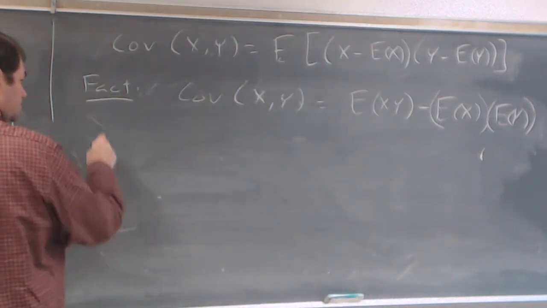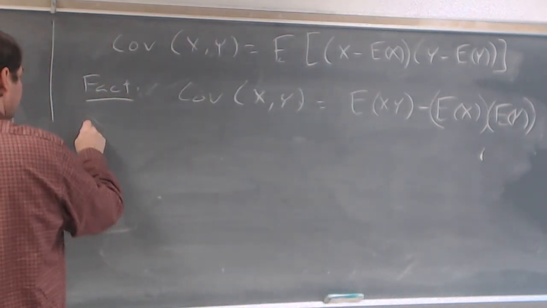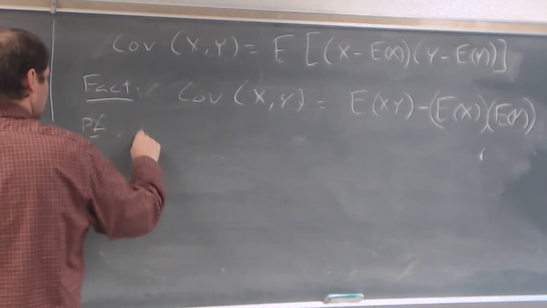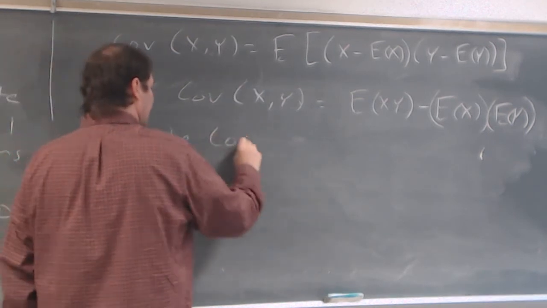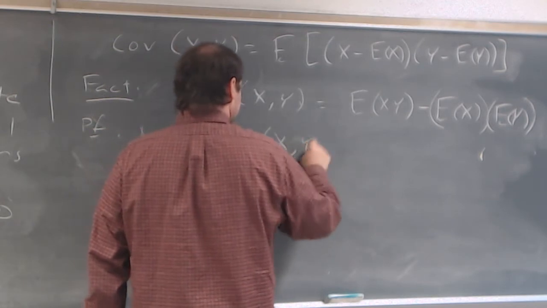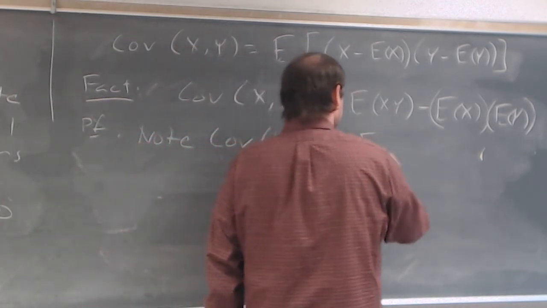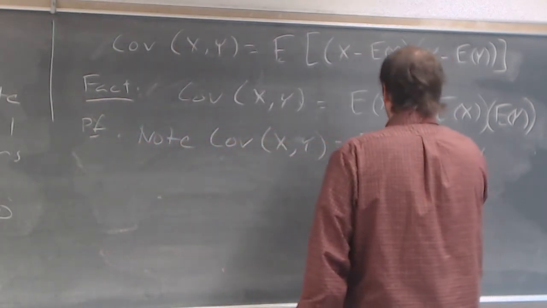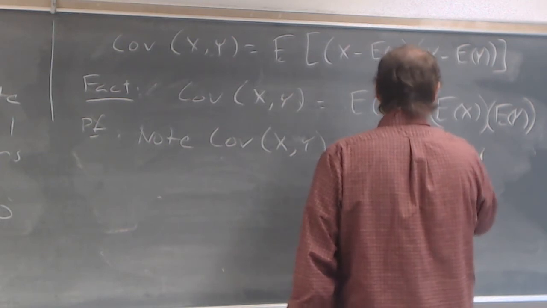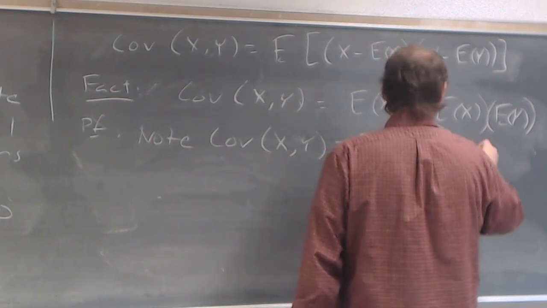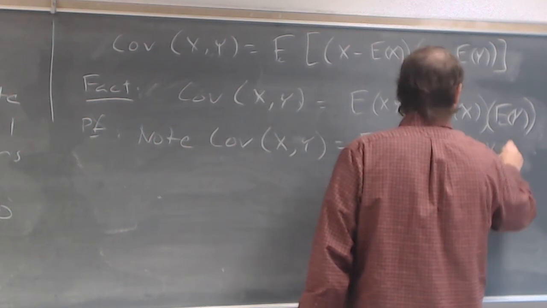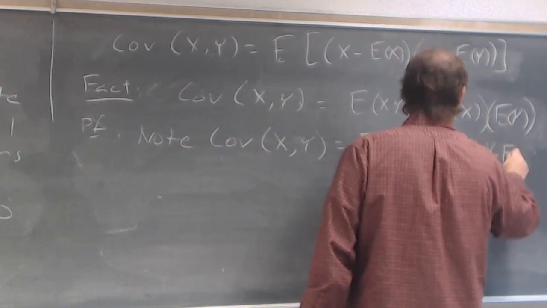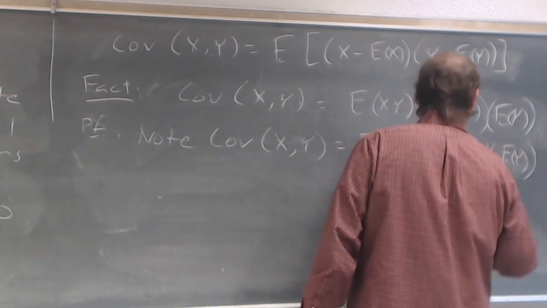So here, to prove this, let's note that the covariance by definition between x and y is equal to the expected value of x minus the expected value of x times y minus the expected value of y.